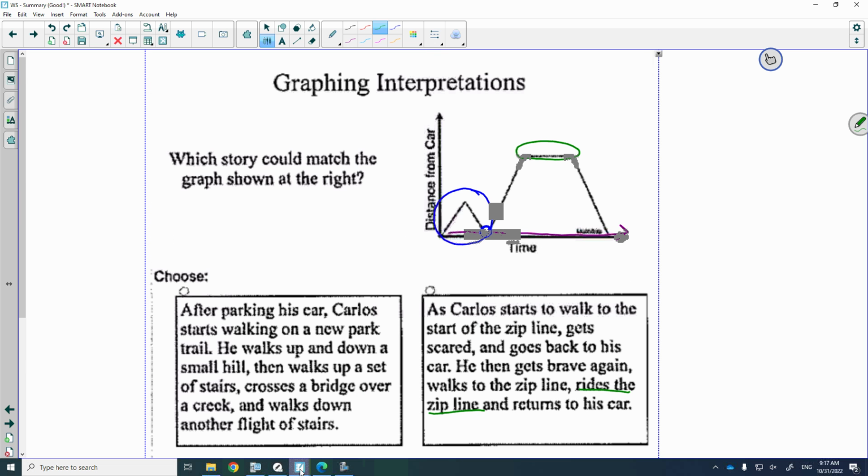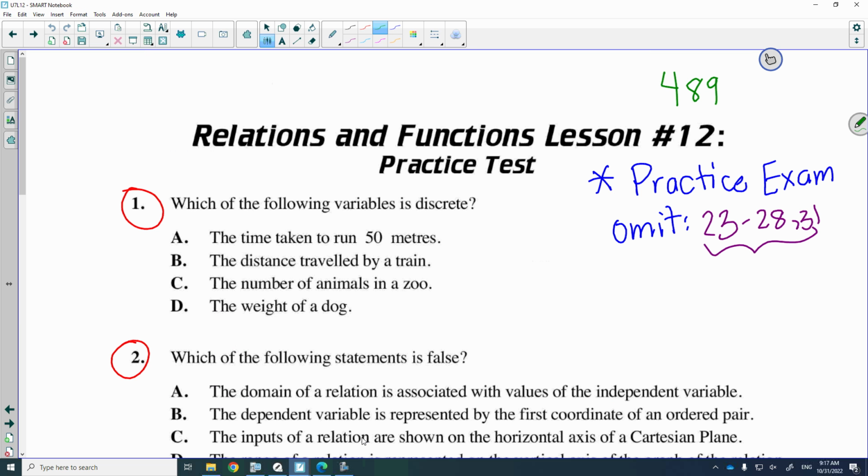Okay, take out your workbooks. I'm going to give you some practice questions in the exam. There's a practice test on page 489.